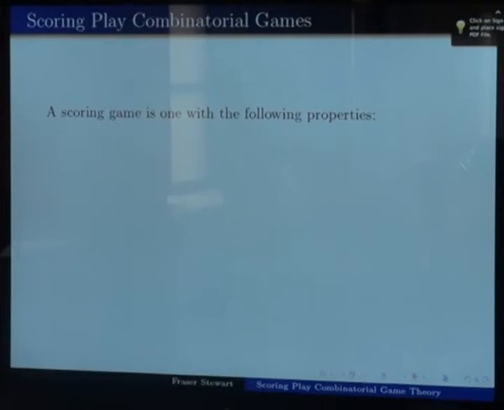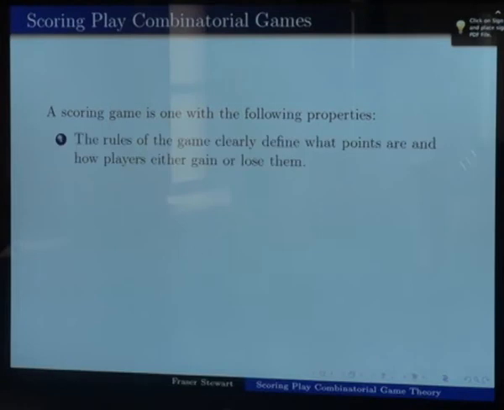And the winner of a game of Wei-Ti is the person who has the most points, not who moved last. So in terms of combinatorial games, we want to think, mathematically or intuitively, about what properties we would like a scoring game to have in general. The first one is that the rules of the game clearly define what points are and how players can either gain or lose them.